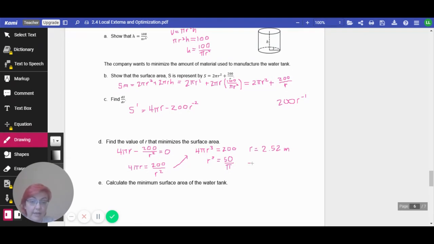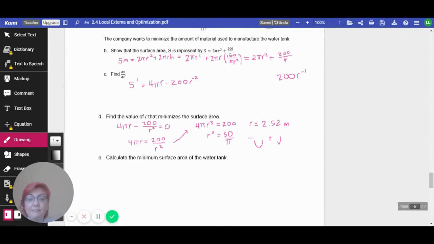And then if I did something bigger, say 3, 4 pi times 3 minus 200 times 3 to the -2, I would get a positive value, which lets you know that I was decreasing and then increasing. So yes, this is a minimum. You can always check that.